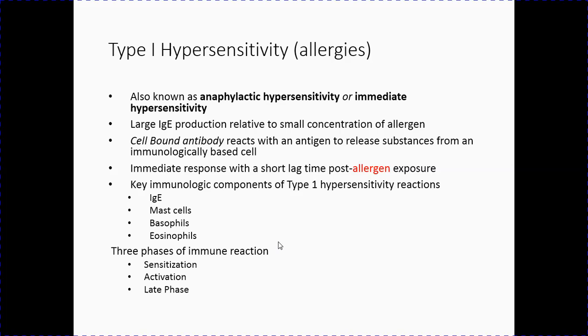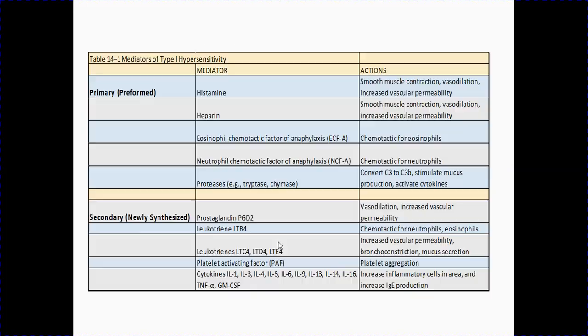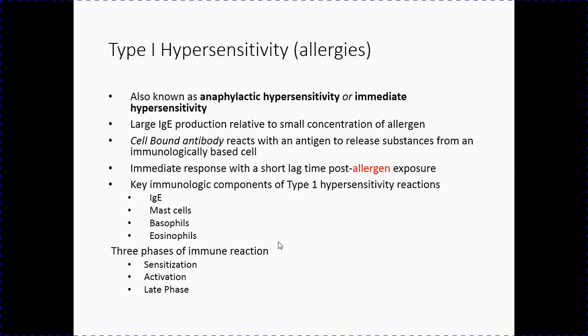So let's get down to the brass tacks when we're talking about hypersensitivity, type 1 hypersensitivity reaction. We also know this is anaphylactic hypersensitivity or immediate hypersensitivity. Hypersensitivity reactions are characterized by having really an excessively large IgE production relative to a small concentration of allergen that was presented.